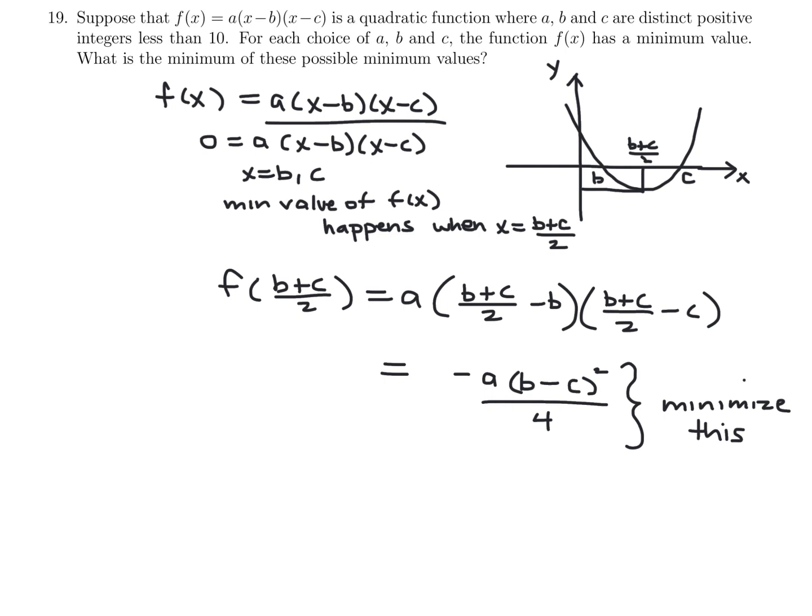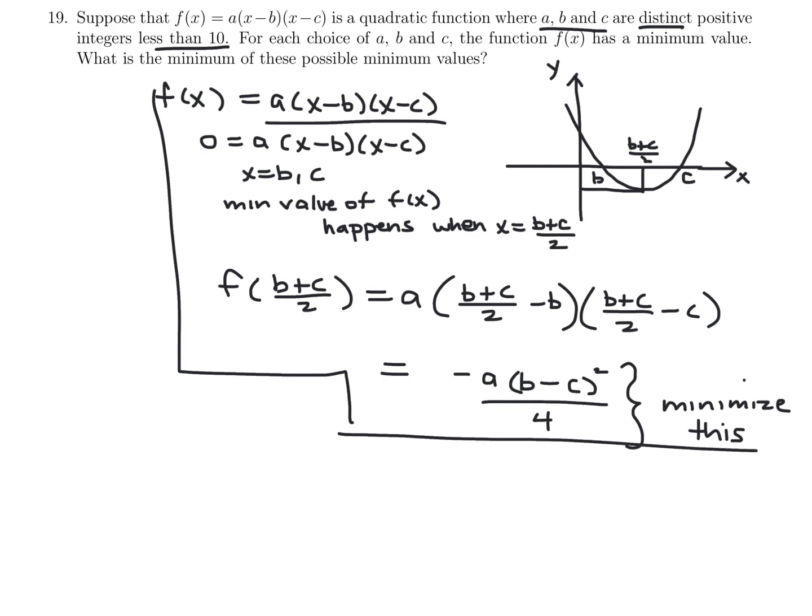The only thing we're told is that a, b, and c are distinct, that they're all different integers, and that they're less than 10. If they're less than 10, then we have a very limited number of choices, only 1 through 9, so that makes it a little bit easier.